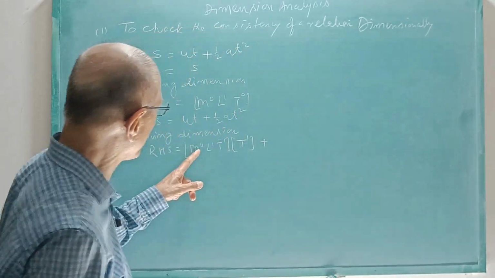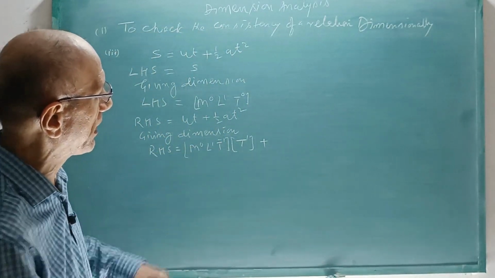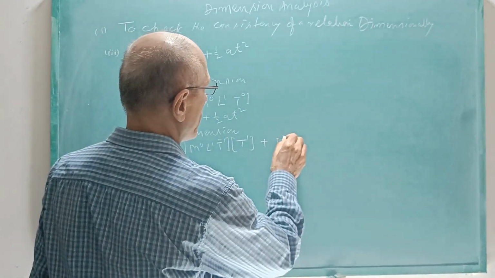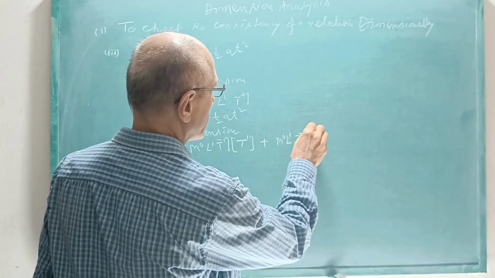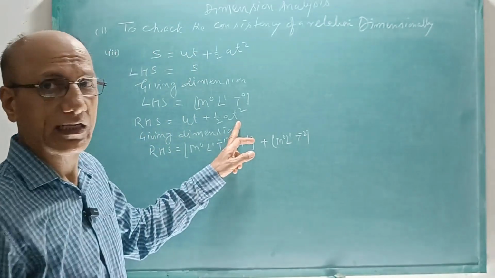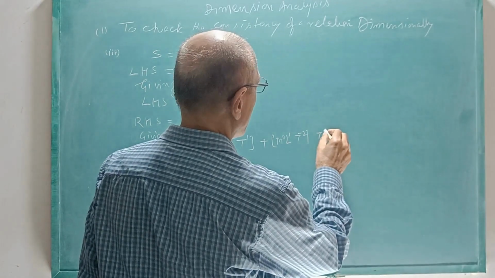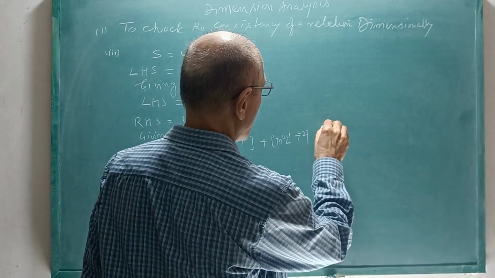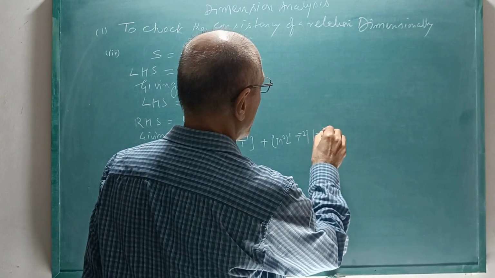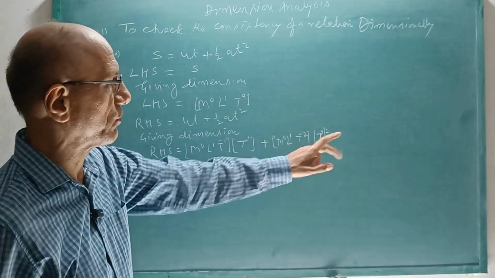Velocity upon time. So this is the velocity divided by time, T minus 2. So this will be M0 L1 T minus 2, and then t square, here it will be T to the power 2. This is the time squared.